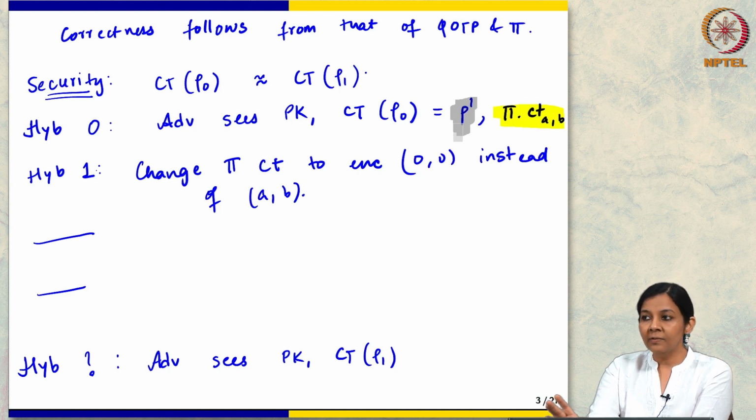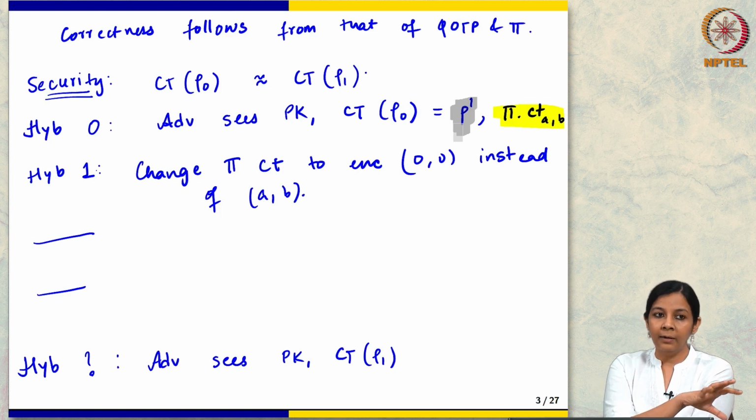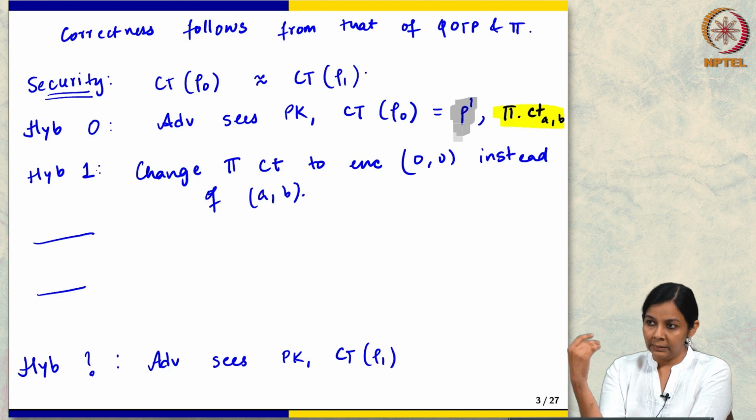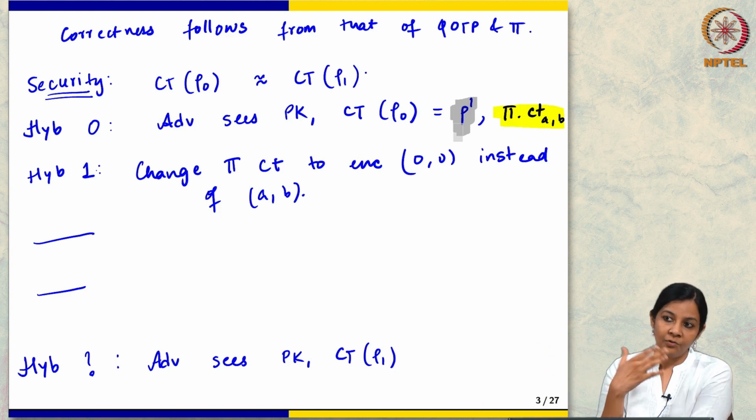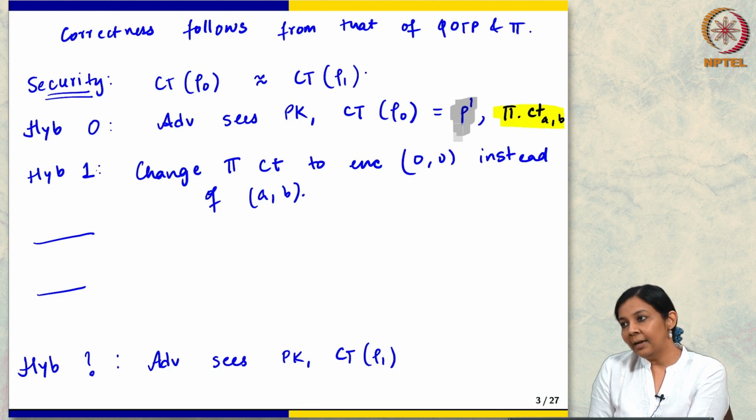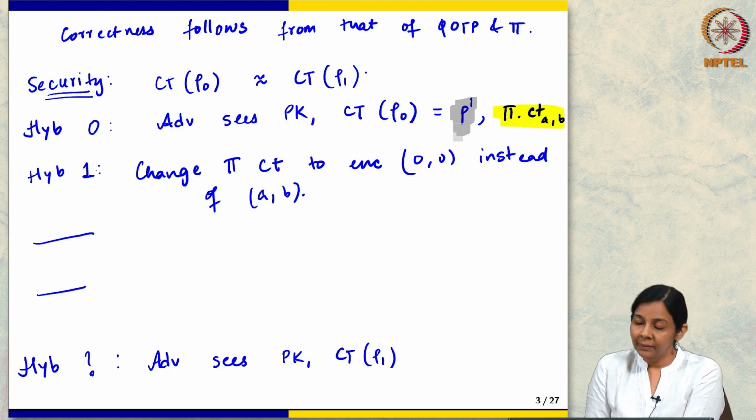Note that the adversary in general cannot decrypt anything, right. So, if the OTP is encrypting something else and the ciphertext is encrypting something else, it is not that the adversary can really distinguish, but I claim that I still cannot do that. And why is that? That is exactly right.